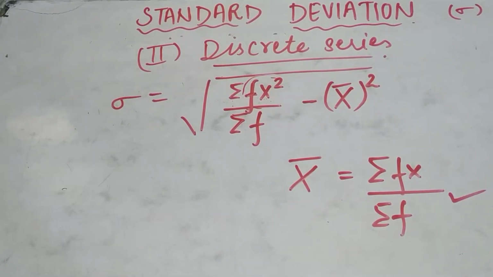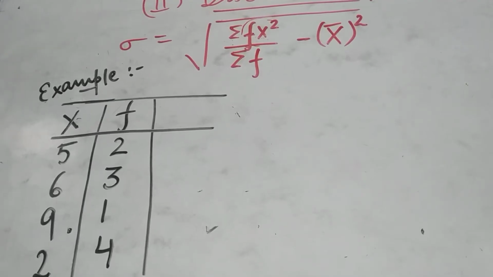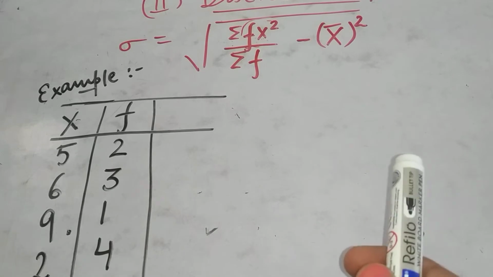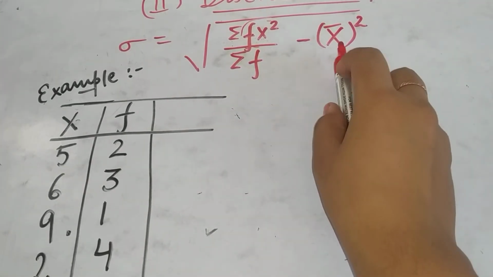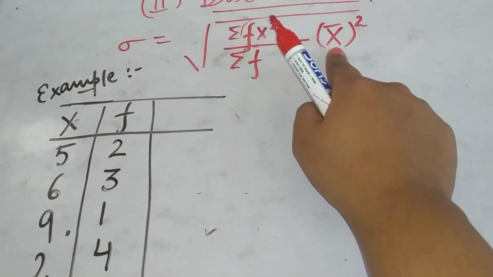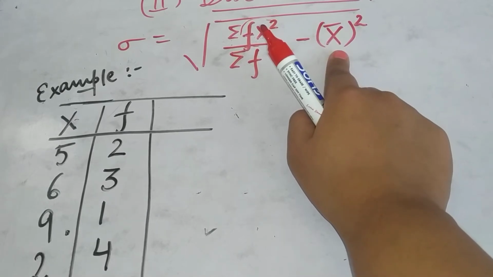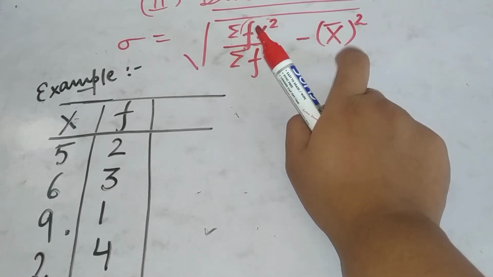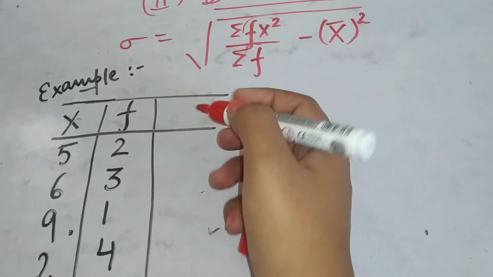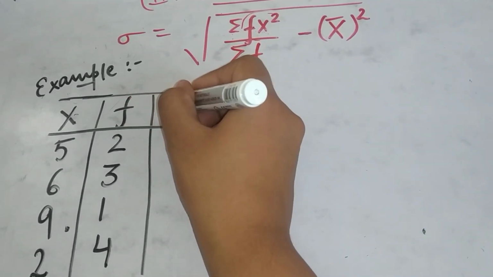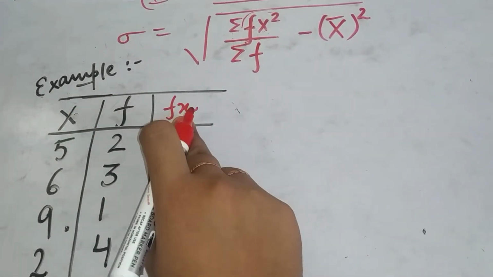Now take an example to clarify this. I have taken a very simple example. Firstly, we will calculate the value for mean. For mean we require summation fx upon summation f. So firstly the value for summation fx, the multiple of f and x.